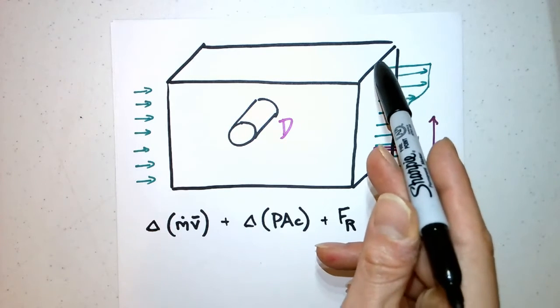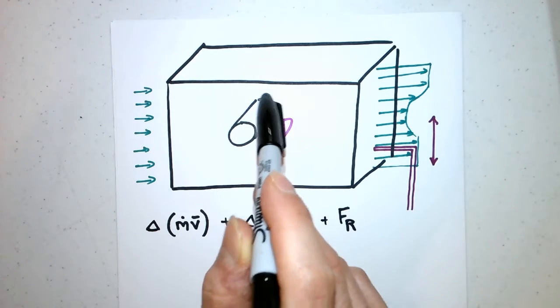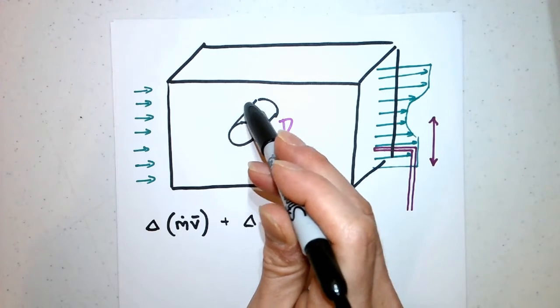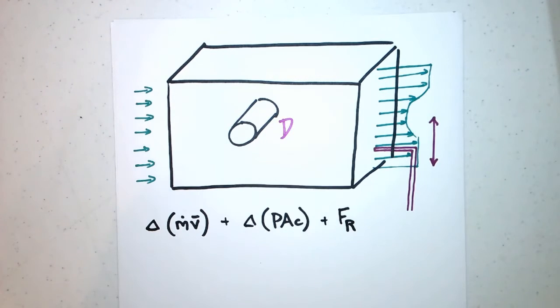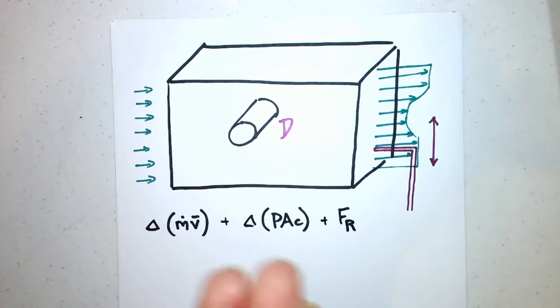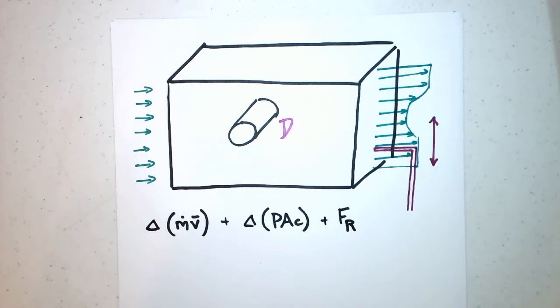So I've actually not drawn a no-slip boundary condition here, and I'm also going to neglect the shear on the cylinder as the fluid moves around it. So basically we're looking at the momentum displacement, right? How does this object displace the momentum, and then what's the force necessary to hold that still?